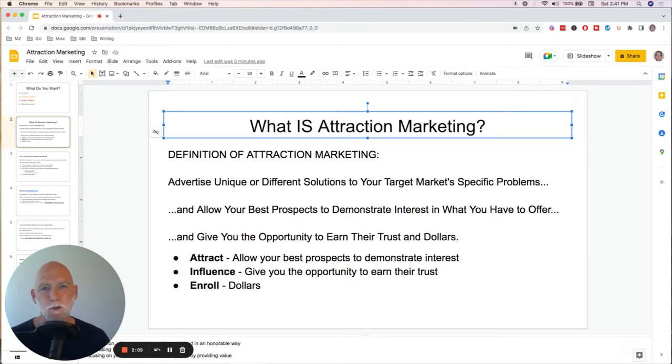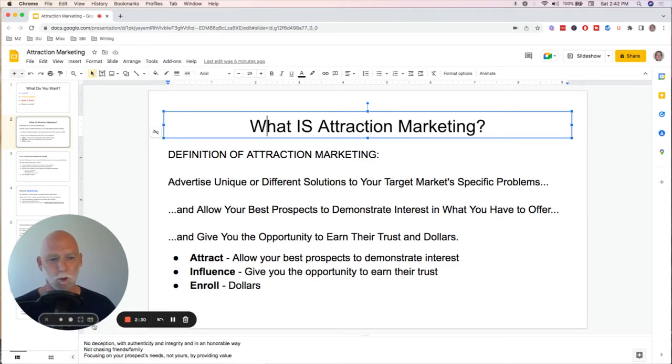You're going to help influence those folks to give you the opportunity to earn their trust, and then they will enroll with you. And all enroll means is dollars, meaning people are deciding to buy from you, or to buy from you and join your business, without you having to feel like you're twisting their arm, and feeling really salesy in the process. I wrote down here, there's no deception using attraction marketing.